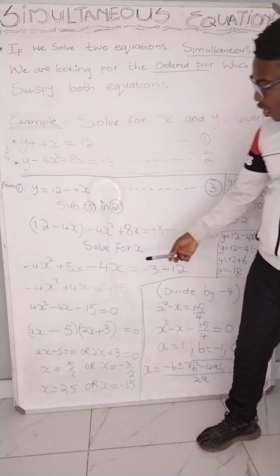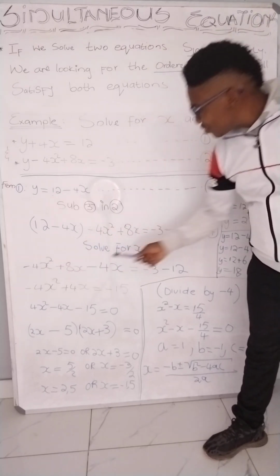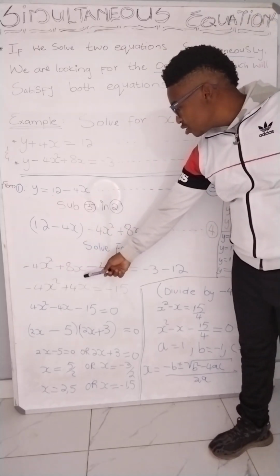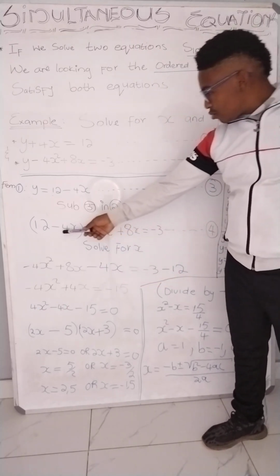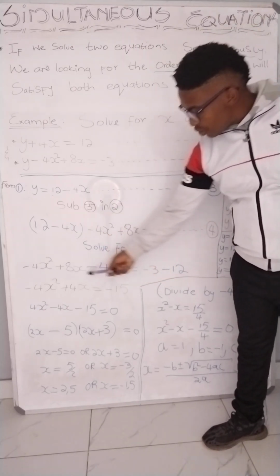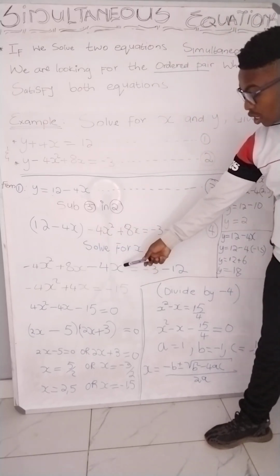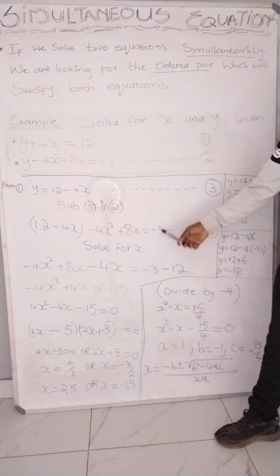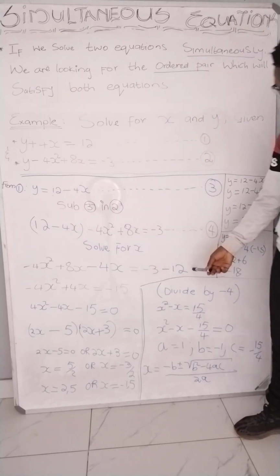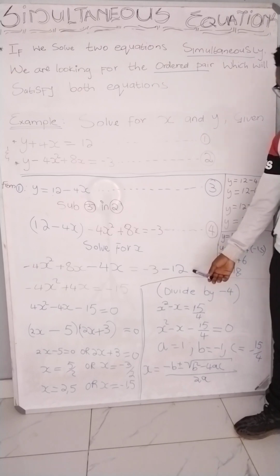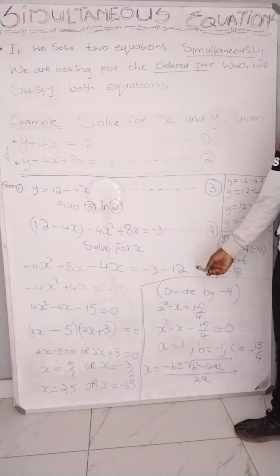Now you have minus 4x squared, here it is, plus 8x, here it is. And then because you're putting friends together, the minus 4x, you're going to put it next to a plus 8x. Okay. And then you have negative 3 on the side. And then you're going to take that 12 to this side, to its friend. And then you have minus 12 there, because it was positive that side, it's coming negative this side.